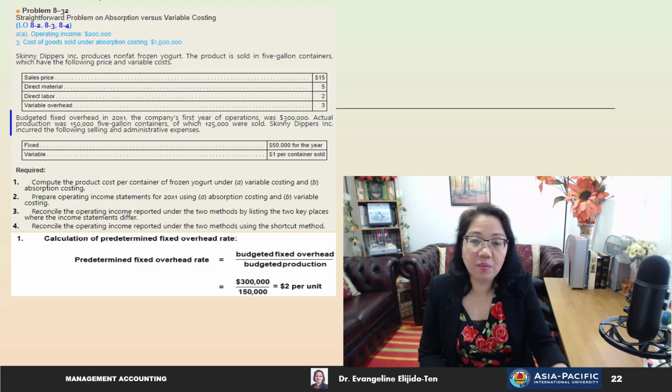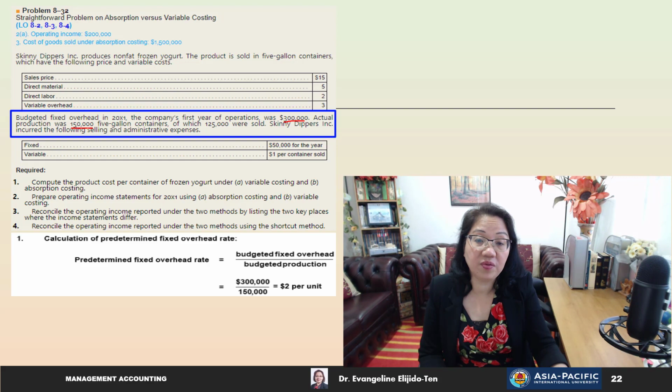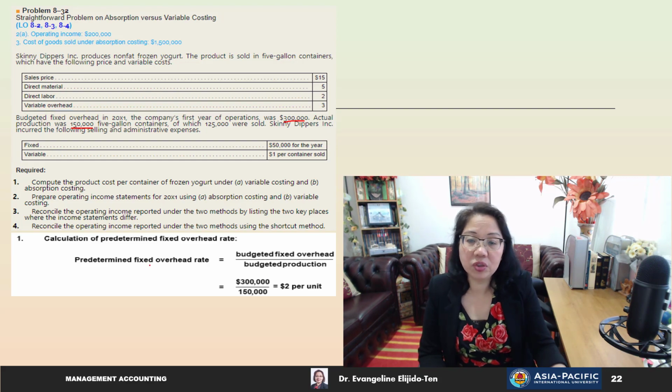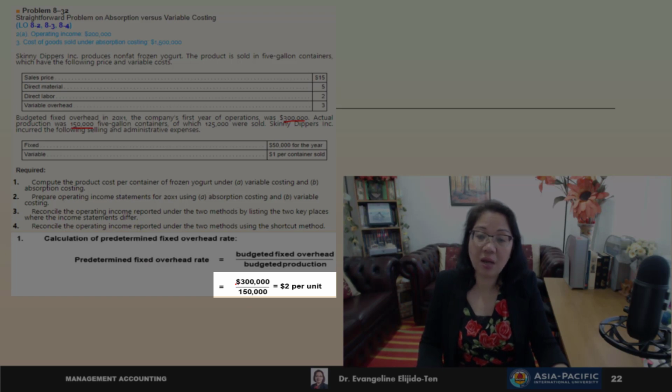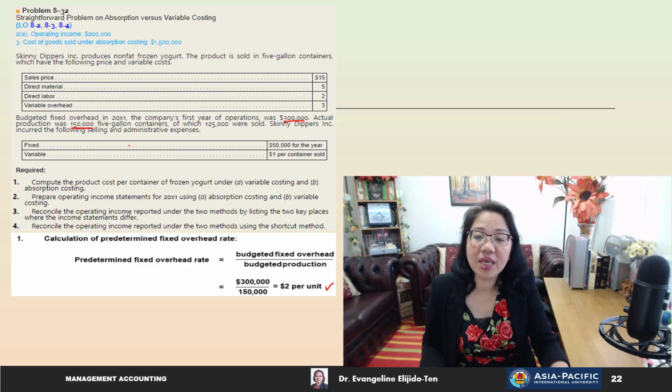The fixed manufacturing overhead given here is $300,000, and we'll divide it by the number of units produced, 150,000 units. So the fixed overhead rate per unit works out to be 300,000 divided by 150,000, $2 per unit.